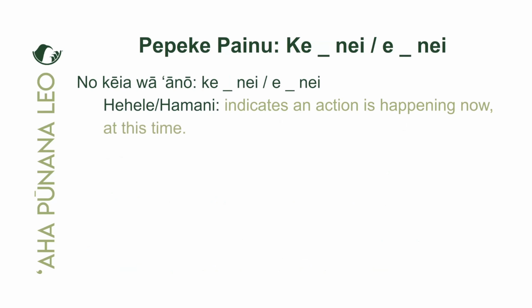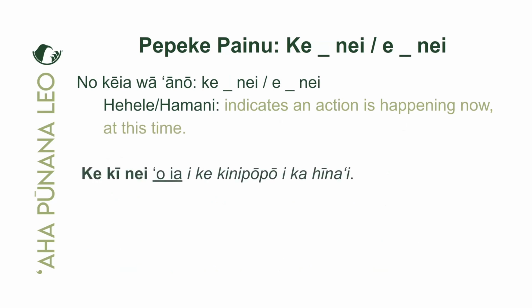Okay, let's take a look at the la'ana, which is: Ke ki nei 'o ia i ke kini pōpō i ka hinaʻi. So ki is our painu. It's a new word in your vocabulary list. Look that word up. Let's take a look at the rest of the sentence. 'O ia is our piko, right? 'O ia is a papani, he or she, depending on the context.